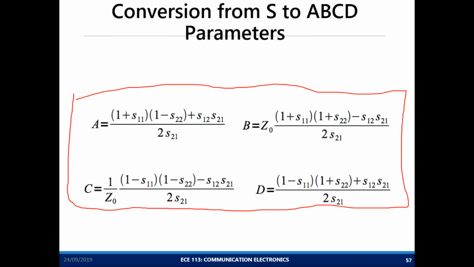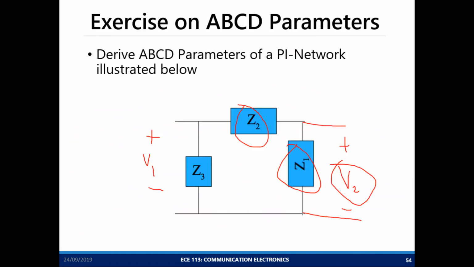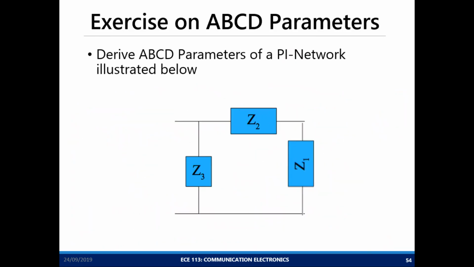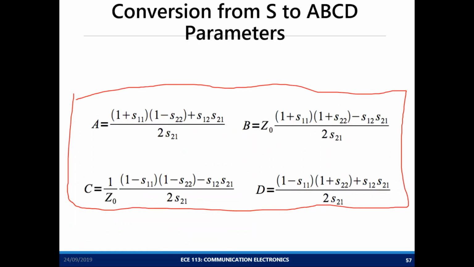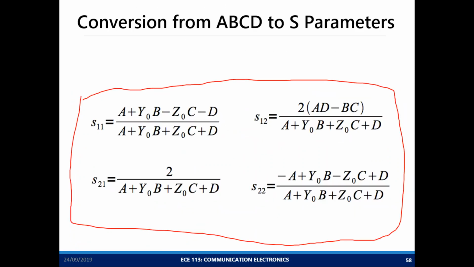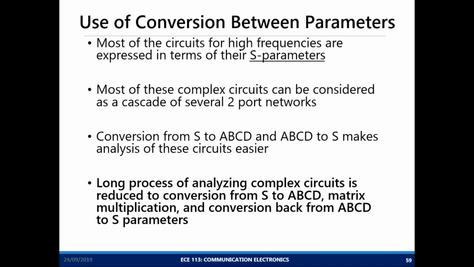So if you want to get the total S parameters of this network, first you need to get its ABCD parameters, cascade them, get the total ABCD parameters, then convert these ABCD parameters back through this equation and you'll get the total S parameters. Okay?